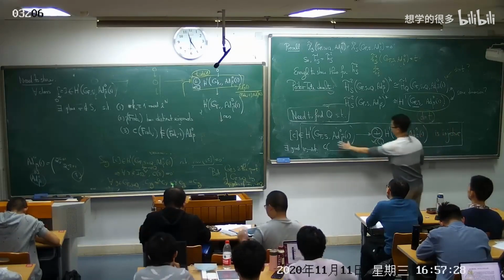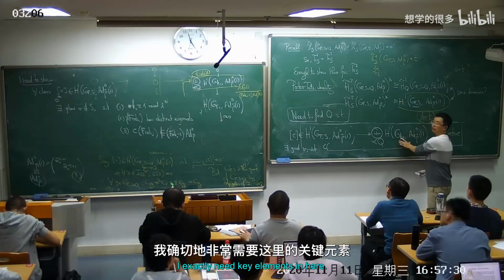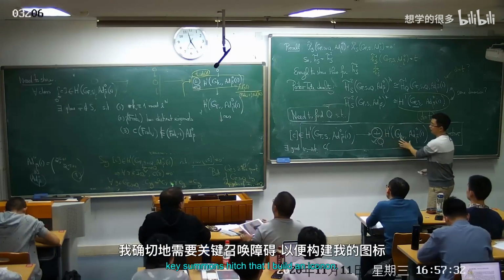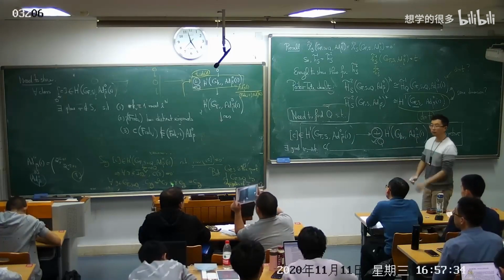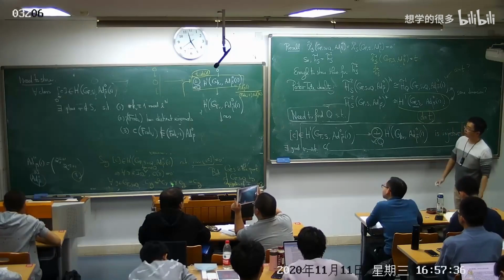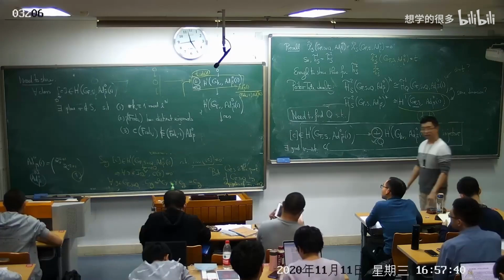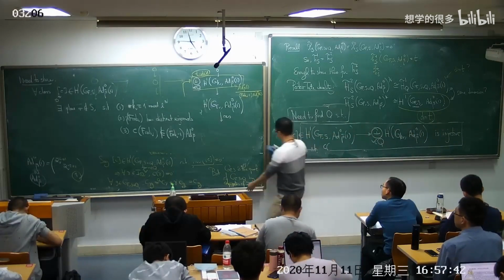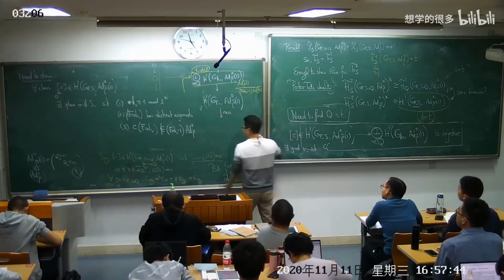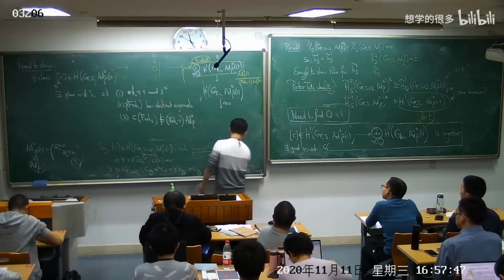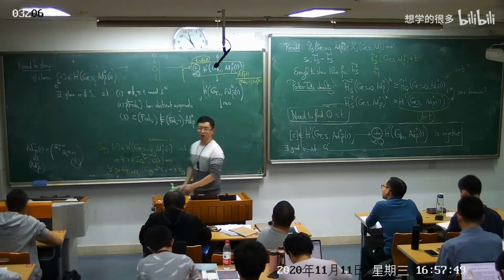Because this guy is t-dimensional, I need exactly t summands here so that I build an isomorphism. Okay, good, maybe I'll just end here early.